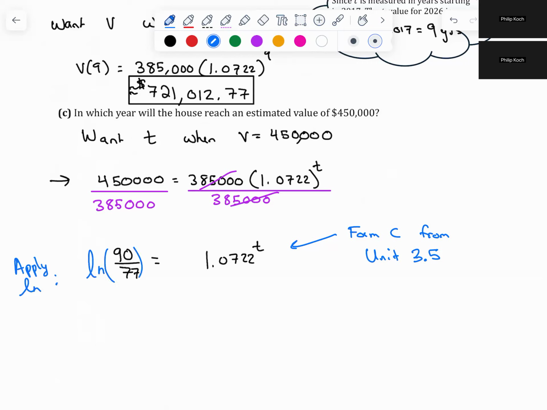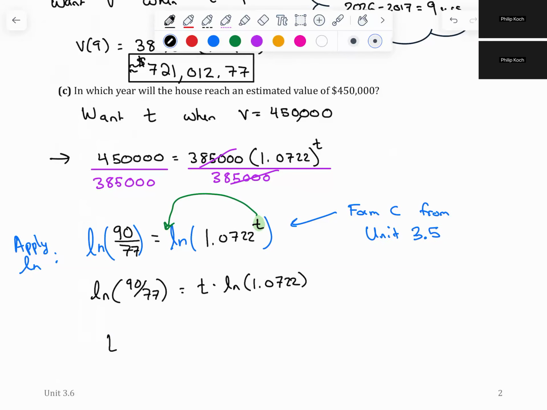Natural log of the left-hand side equals natural log of the right-hand side, which allows us to bring down this exponent and get that natural log of 90 over 77 equals t times natural log of 1.0722.